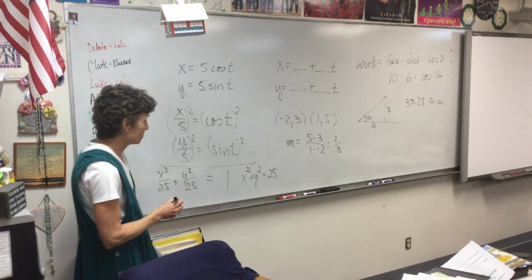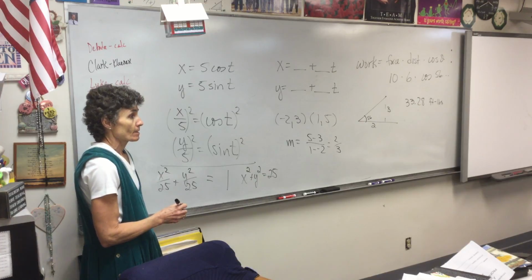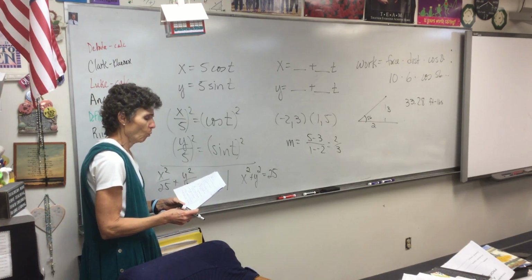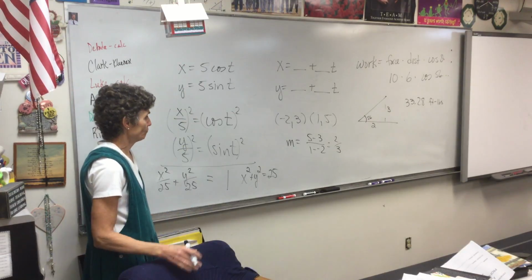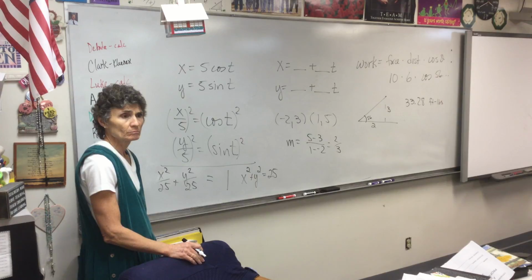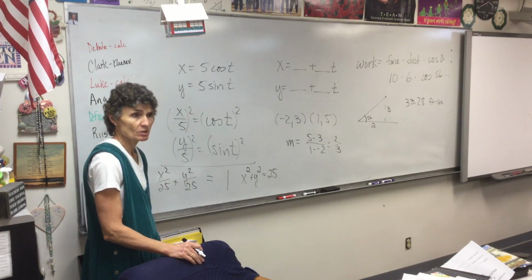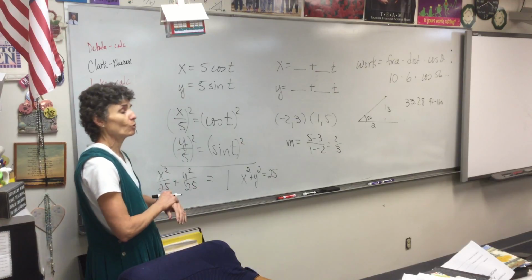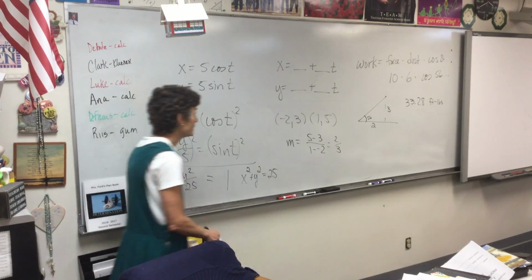Double check that. What do I do with that? Those are the coefficients on t, and you know what's going to happen. Kids are going to get them in the wrong order. Pay attention.